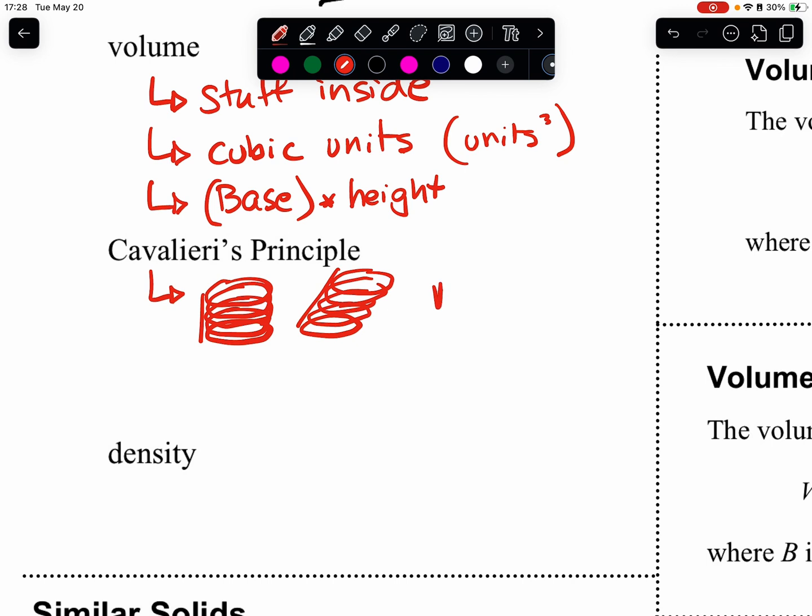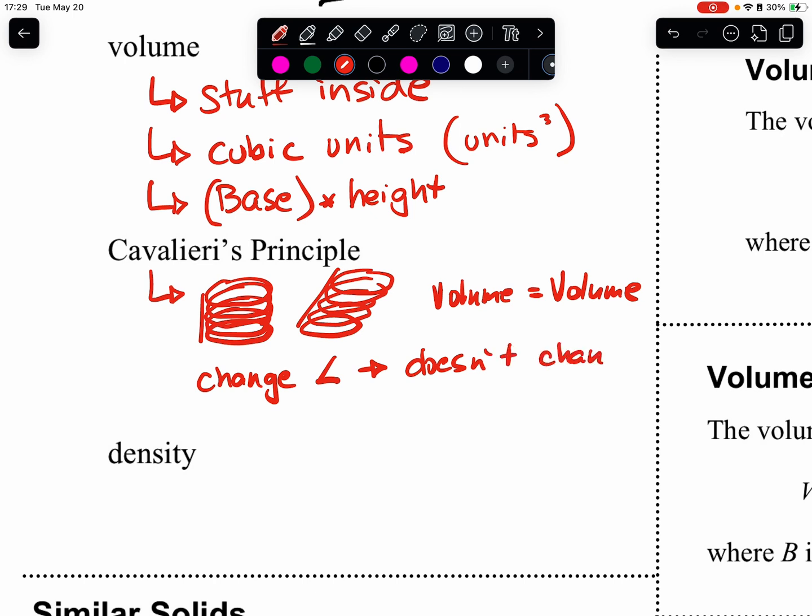So the 4 coins, instead of being a vertical line, we don't change the volume. Volume stays the same. So volume equals volume. So just because you change the angle doesn't change the volume.